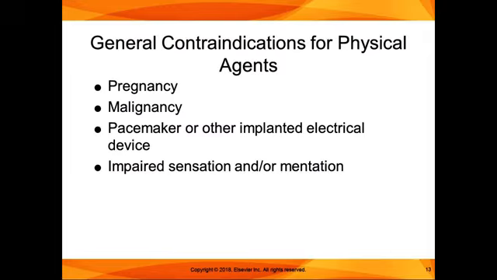So for impaired sensation or mentation, it's definitely a contraindication or a precaution. There are times when you can use it, but you have to be super, super cautious and super, super careful. So a lot of times there is another treatment that you can do that's going to have the same effect or a better effect that is not putting the patient into danger. So of course the number one thing is we don't want to hurt our patients.